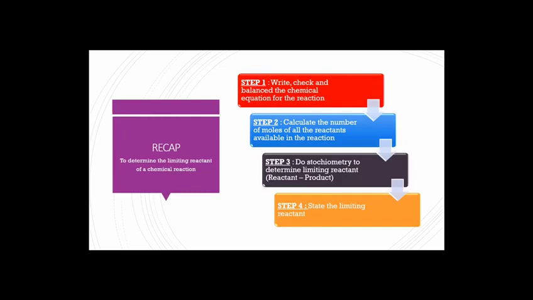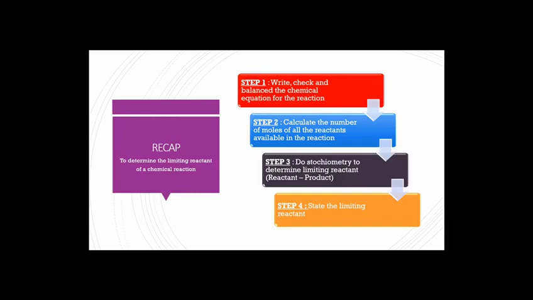Secondly, you need to calculate the number of moles of all the reactants that are available. After that, you do a stoichiometry relationship to determine the limiting reactant. From the stoichiometry relationship that you have done, you move to the next step, which is to write a statement of the limiting reactant.